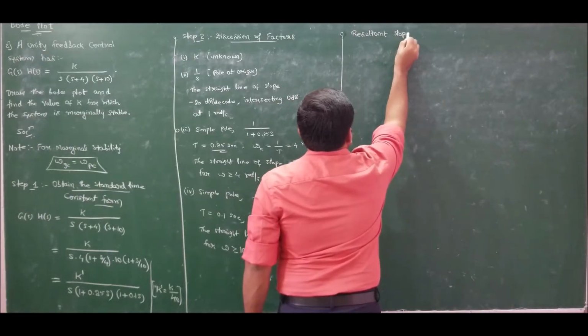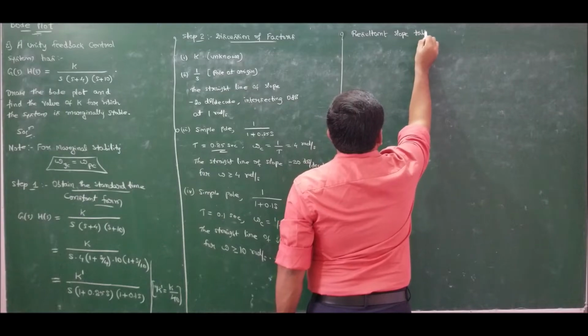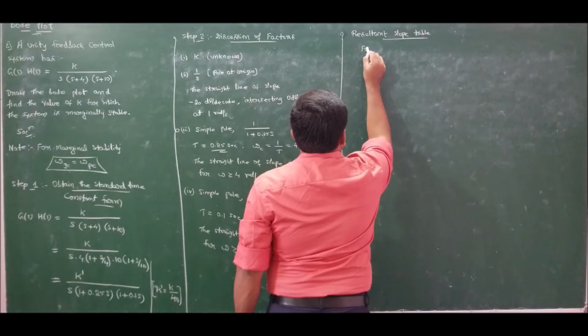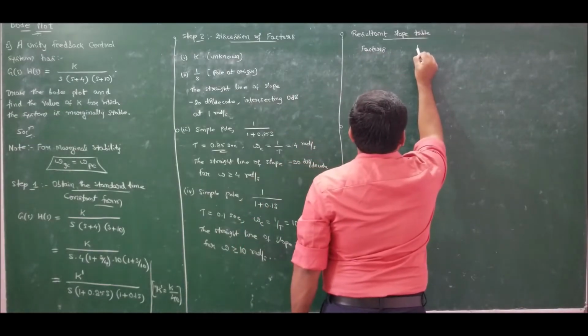Resultant slope table. If I go for resultant slope table, the first column should contain factors. Then we have frequency range.